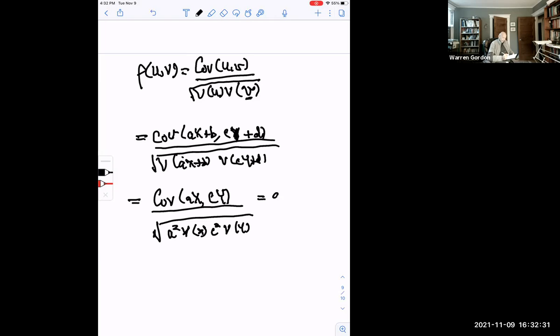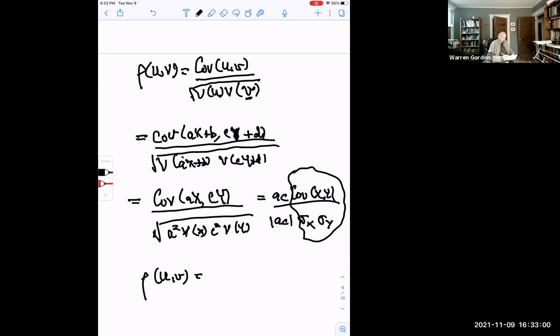This gives me AC times the covariance of xy over the absolute value of AC times sigma sub x sigma sub y. Notice this term right here is the original rho of xy. So rho of uv is equal to AC divided by the absolute value of AC, here the plus or minus 1, times the original rho of xy.